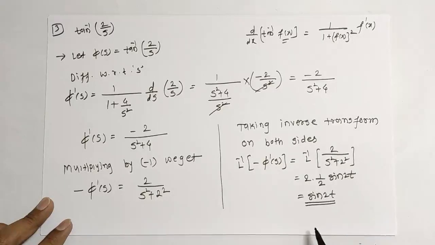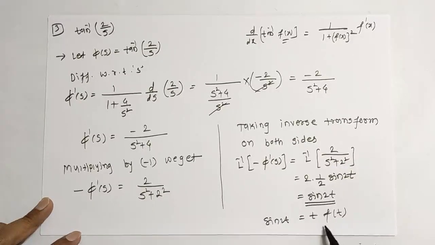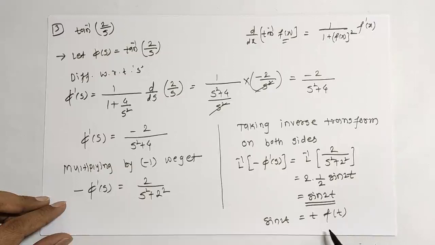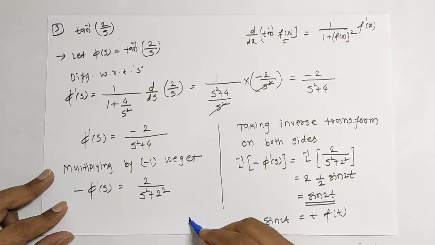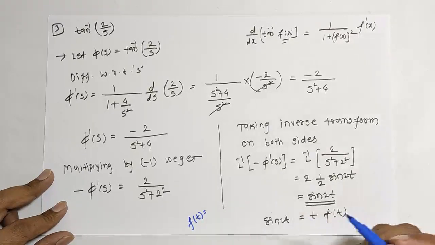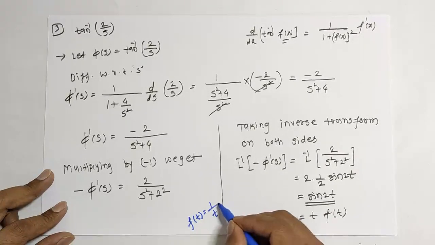Right, and this is equal to t into f of t. That sine of 2t is equal to t into f of t. So answer is f of t is equal to, this is our answer, 1 by t sine 2t.